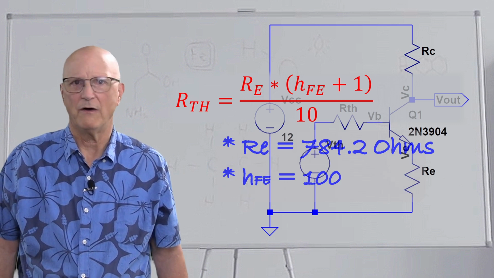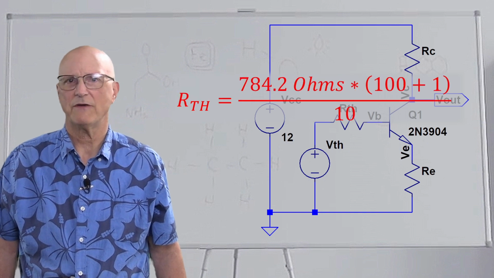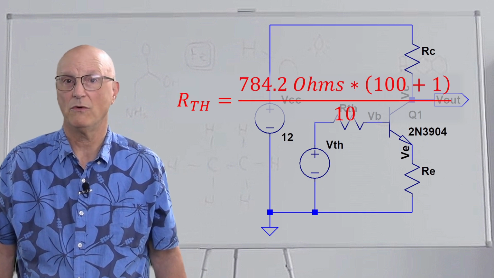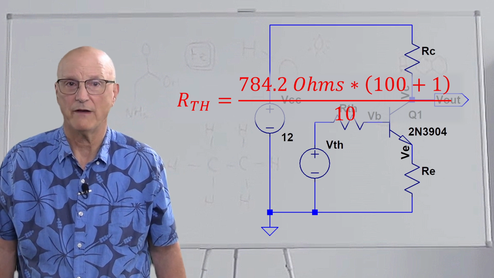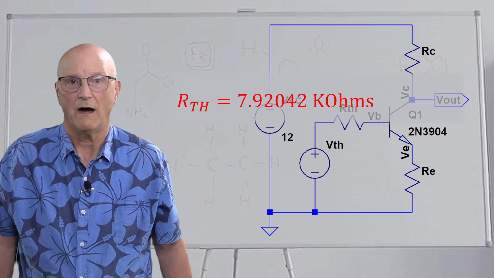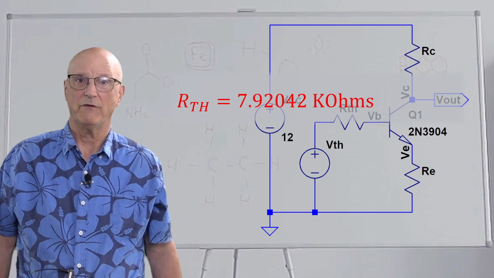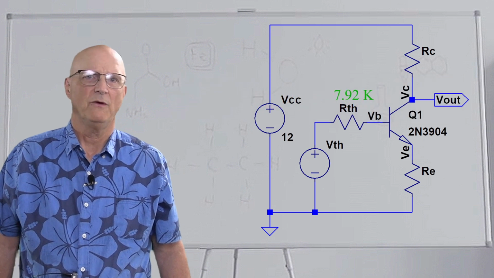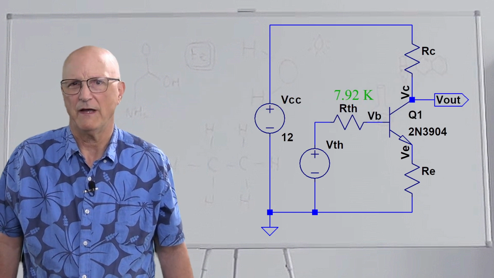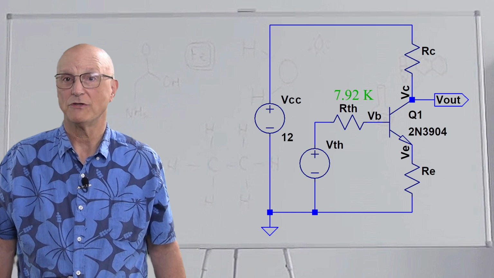So the value of R Thevenin is equal to 784.2 ohms times the quantity 100 plus 1, all divided by 10, which gives us R Thevenin equal to 7.92042 k ohms.